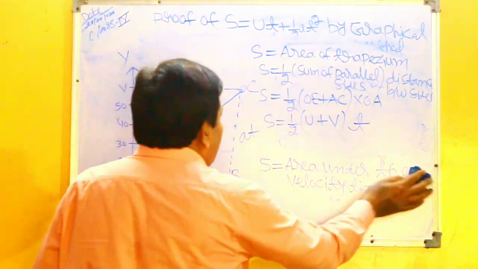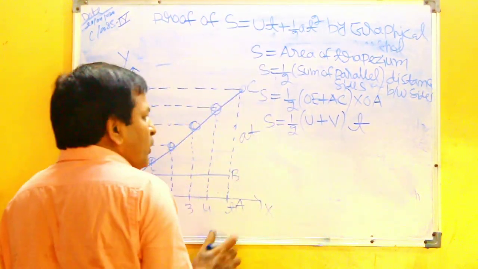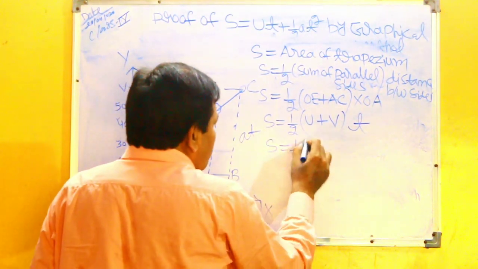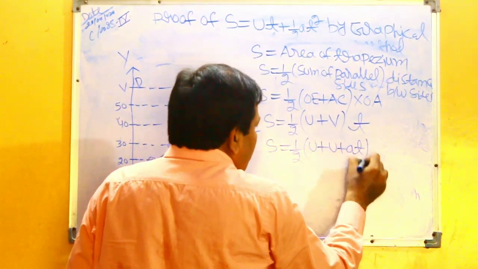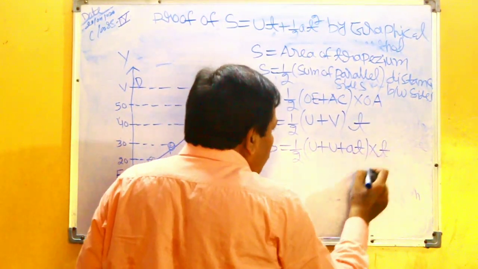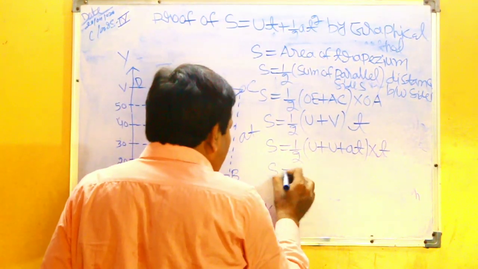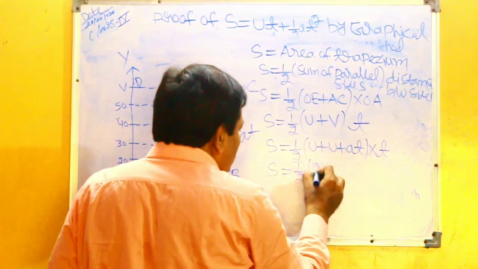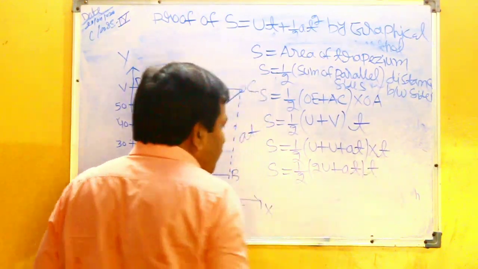Now we came to the original form of general method, where we have proved 1 by 2 u plus v into t. On expanding, we get here 1 by 2 u plus at into t, because v equal to u plus at. On simplification, we get here 1 by 2 into u plus u, 2u plus at, into t.